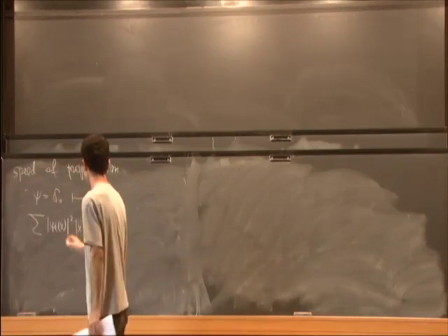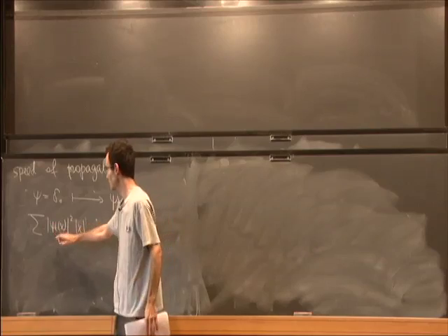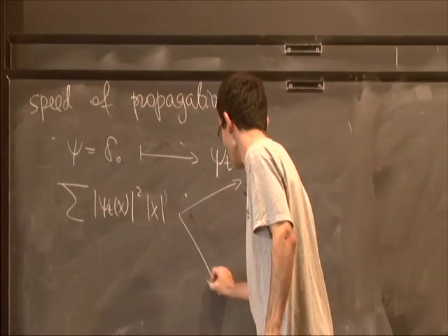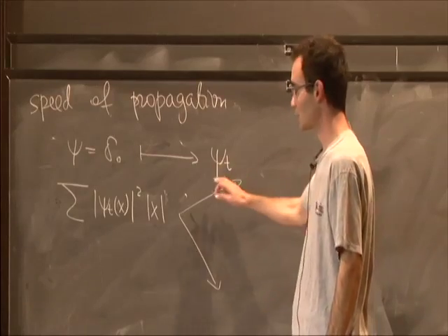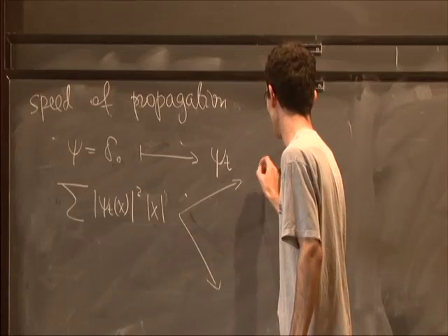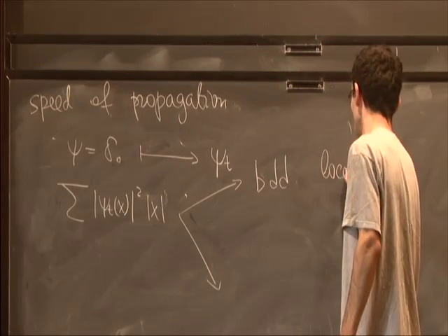But so this is somehow the average distance from 0 after time t, and there are different possibilities. For example, there is one possibility which we rarely meet in Markov dynamics when this is uniformly bounded, and this is called localization.